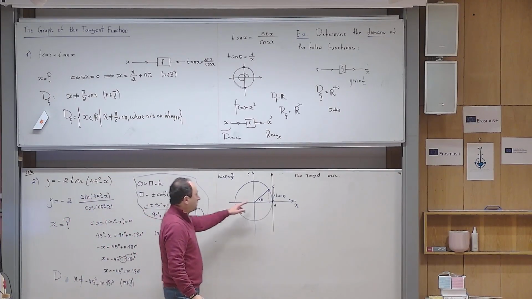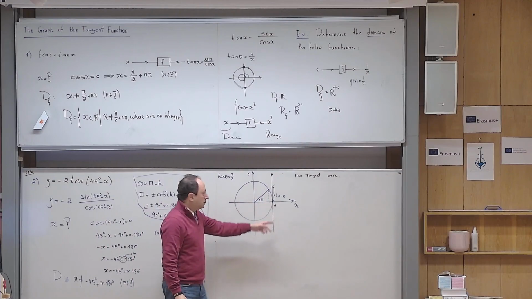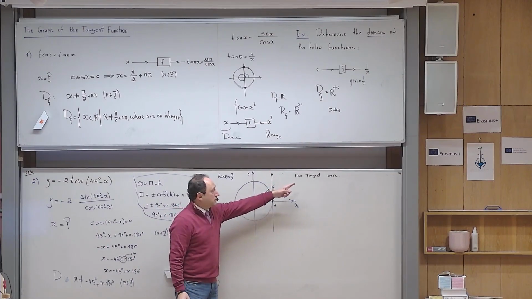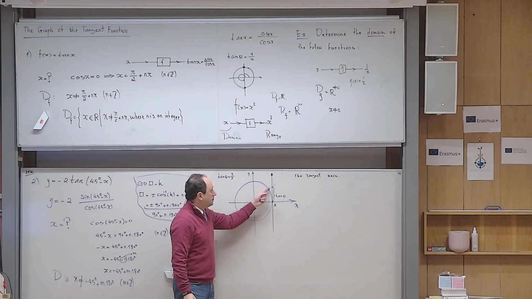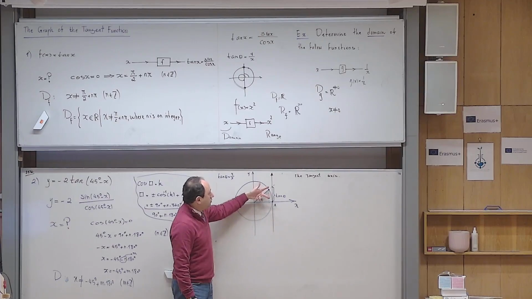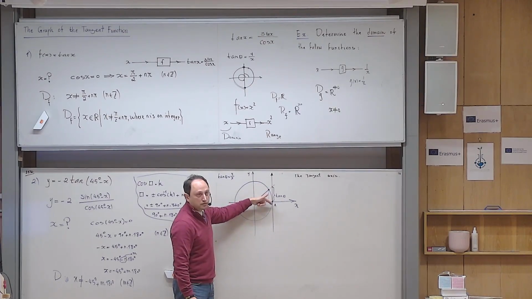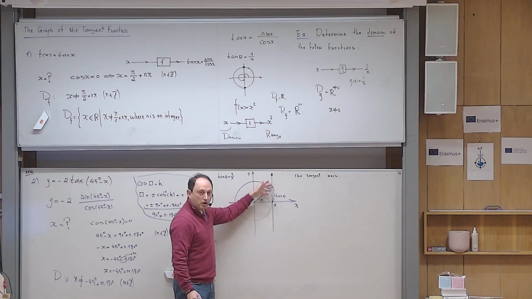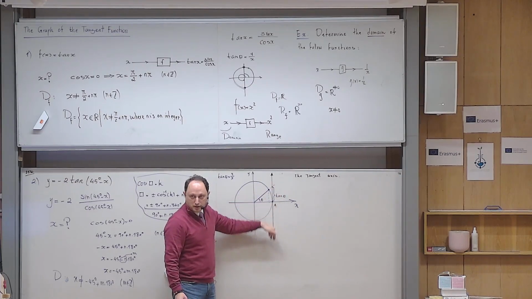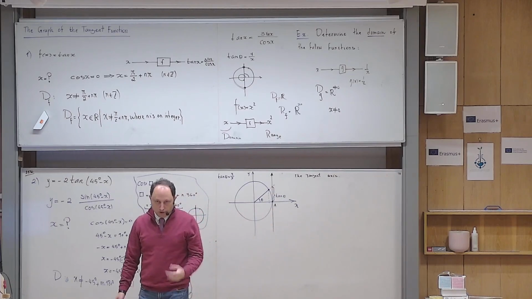If I give you an angle and ask for the tangent, you draw the tangent axis, continue the side of the angle so that it intersects the tangent axis, and then measure the length from the intersection point to the origin. If it is above, the value is positive. If it is below, the value is negative. We come to that.